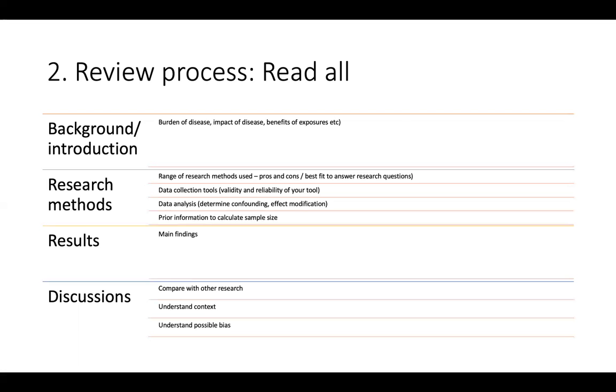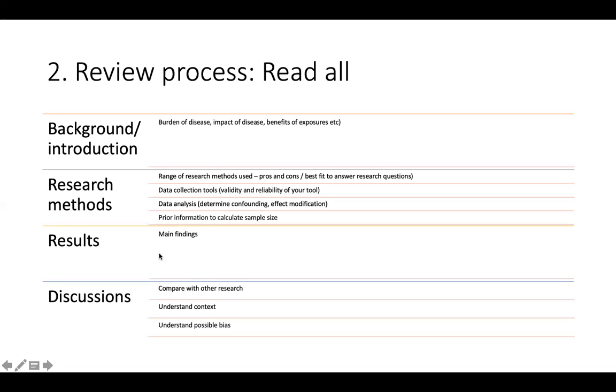But I highly encourage you to go beyond that. The rationale that a certain article or certain author has used it previously is not enough. So you need to check the validity and reliability of the tool, and if the tool is not validated and reliable, check the reliability in your population. You may want to do that before you do your main study.